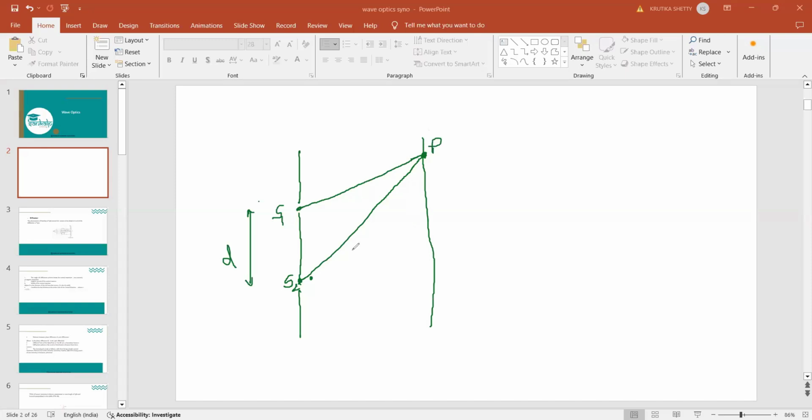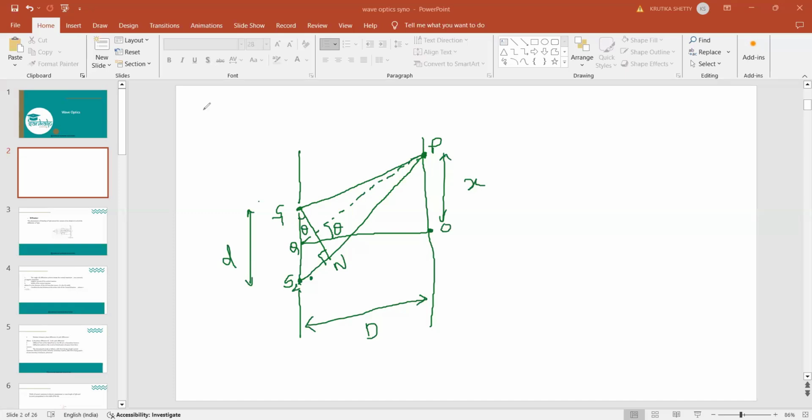This is point P. The screen and the source are at a distance of capital D. This is the center O, and from the center O, point P is at a distance of X. Here we draw one perpendicular line, which meets at a point N. This is Q. Here we are showing the angles theta, theta.